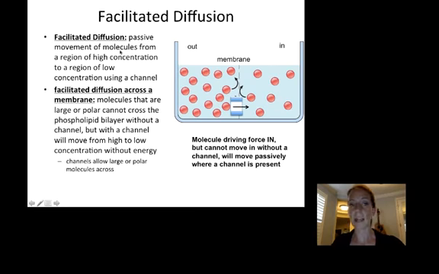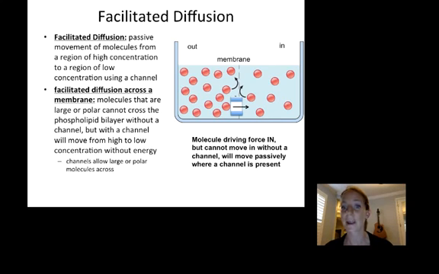It does not require any energy, using a gradient from high to low, but the membrane would normally stop those molecules. If the membrane would normally stop those molecules, then they need some help of a channel. No energy though. Just because there's a channel doesn't mean there's energy, and I see students always get this mixed up on the exam.